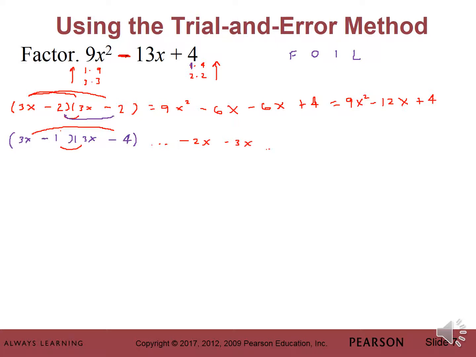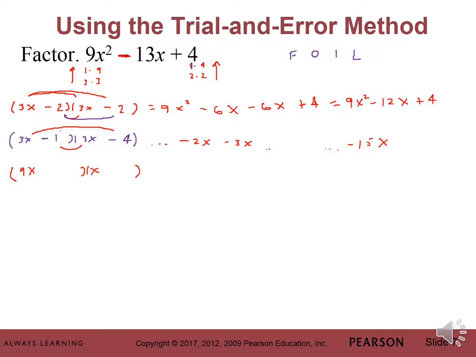Okay, minus 12x minus 3x. So that's negative 15x. And that's not going to get it done either. So apparently it was not the 3x and the 3x after all. Apparently it's the 1x and a 9x, or a 9x and a 1x.